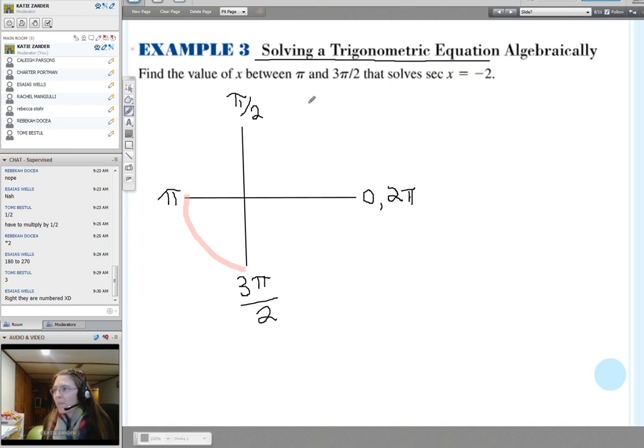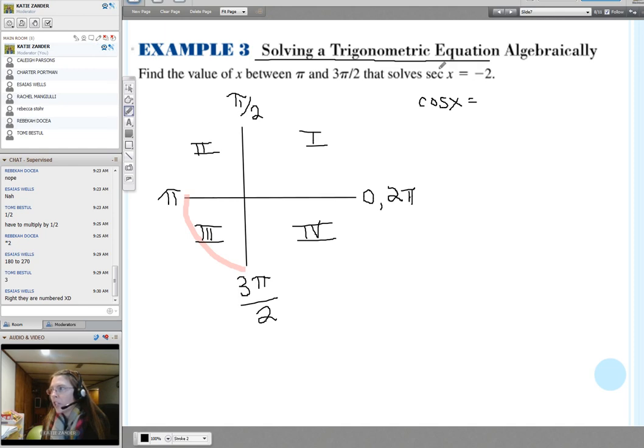They are numbered, yep. This would be quadrant 1, 2, 3, and 4. Good. All right, secant is not one of our values on the unit circle, but we said cosine was. So I'm really looking for cosine of x equals what?